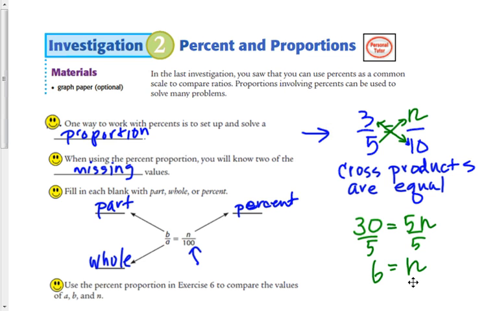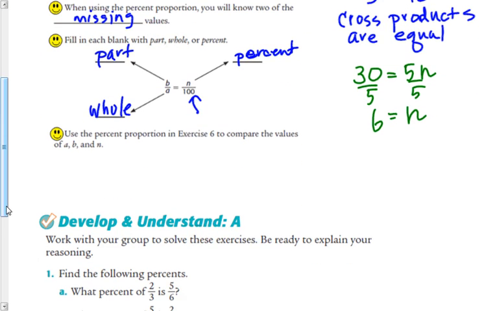I'll just show you one more quick example here. If you have, let's say, 4 over 7 is equal to some number out of 14, then since these two ratios are proportional, we know that 7 times n will equal 4 times 14.